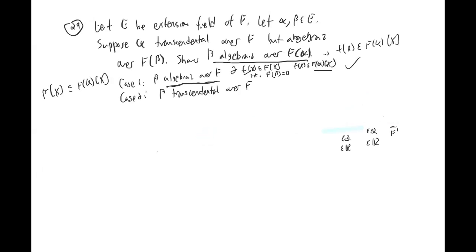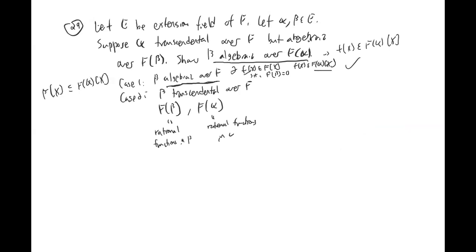Okay, if beta is transcendental over F, can anyone describe to me F(beta) and F(alpha)? I went over this in the beginning. Since they're both transcendental over F, how do their fields of fractions look? These are rational functions in beta, and this is rational functions in alpha.